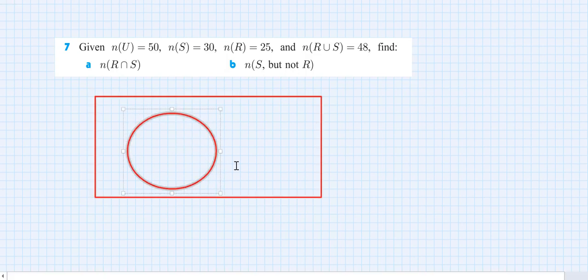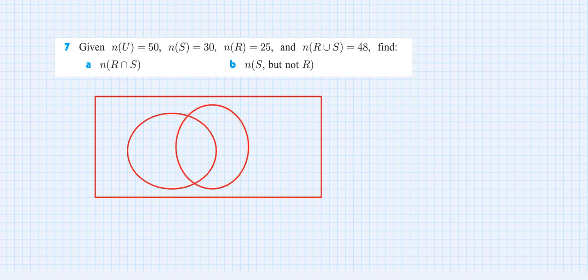Let me call the first set S, as they must have intersection. Why? Because of the union. Okay. Let me write the intersection like this. Let's try to put it in the universal set. This one let me be S, and this one is R.